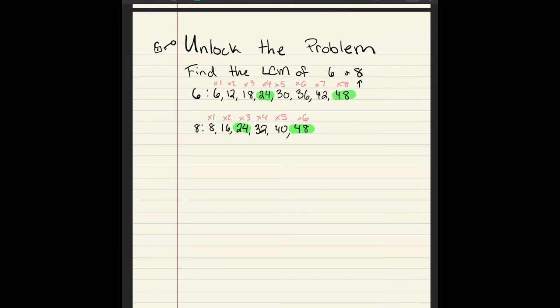Obviously 48 would be the same, because when you multiply 6 times 8, that's going to be common. Out of those that I have, I can stop now because I already have a least common multiple, which is 24, because I can't go any less. If I keep going, I'm not going to get any less, right? So I can see that my LCM is 24.